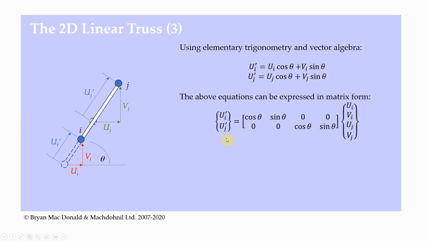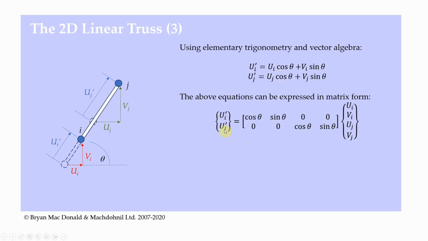So again, I have my one-dimensional deflection ui dash uj dash here. I have my two-dimensional deflection here, ui vi uj vj. Remember, that's displacement in the x and y of I, displacement in the x and y of j. And then I have cos theta sine theta, cos theta sine theta. So again, if I multiply those out, I will get exactly this set of equations here.